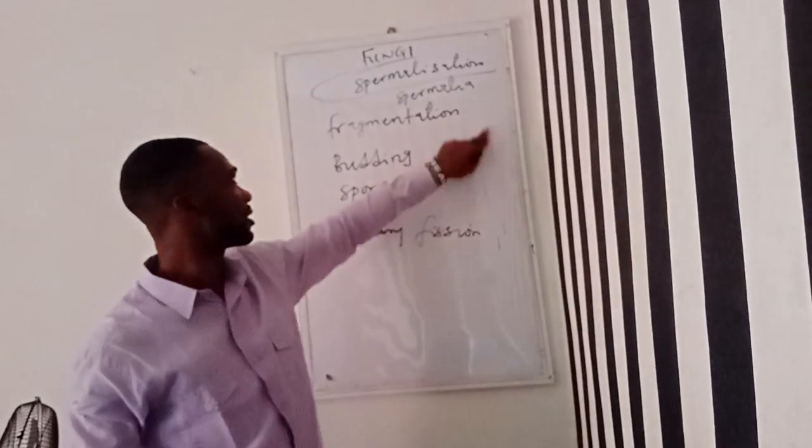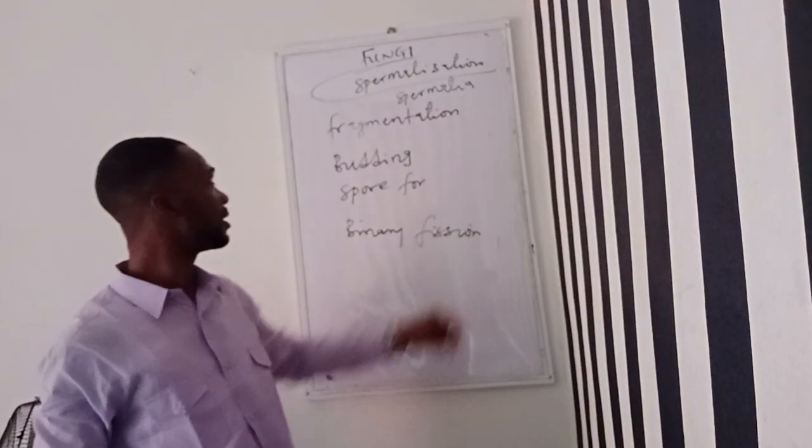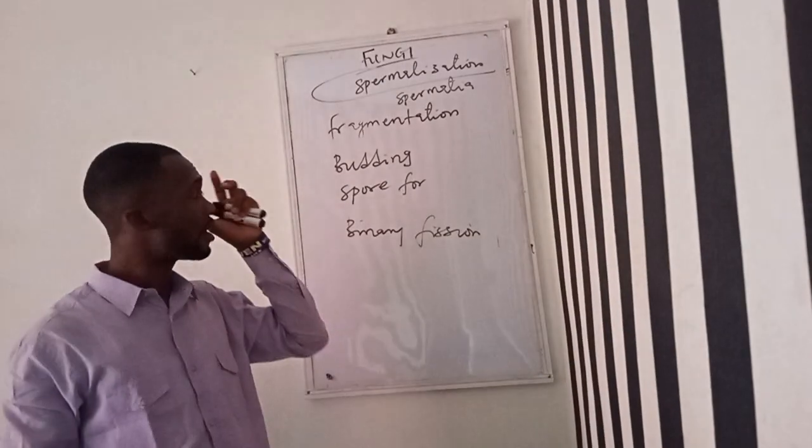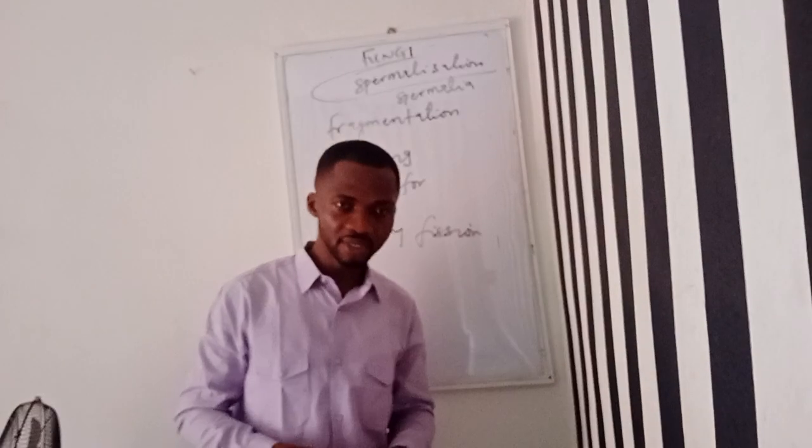So let's go back to asexual reproduction in fungi. Under this, we'll have fragmentation, and in this case, a hypha of a fungus breaks into different fragments, and these fragments behave as spores.